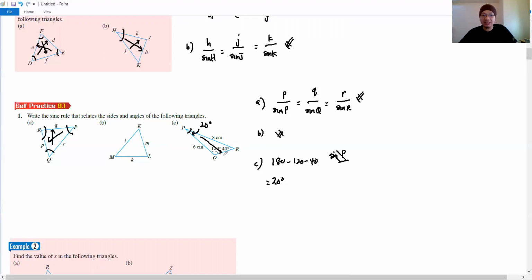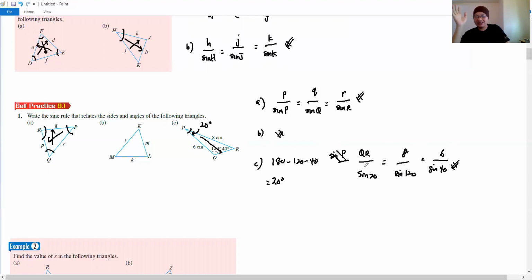So how to solve the problem? Just write down your QR, that's all. QR is the length over sine 20 equals to, next 120 and 8, they are opposite each other. So 8 over sine 120 and followed by 6 over sine 40. Done. That's how we solve question 1C.